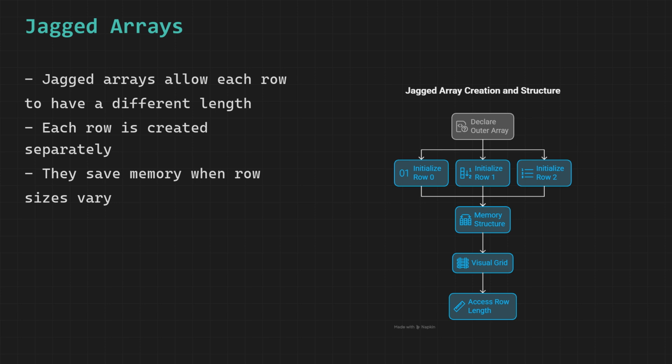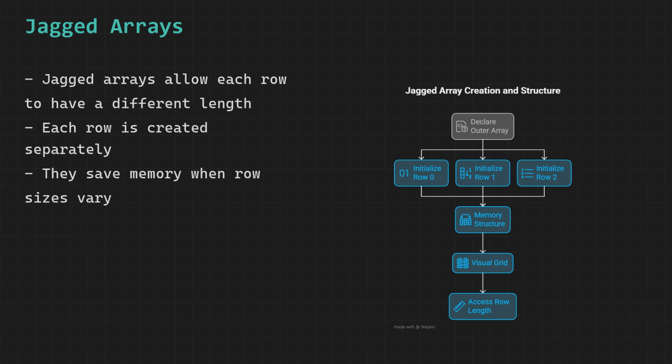Looking at the diagram, the jagged structure is immediately visible. Row 0 is shorter than row 1, which is shorter than row 2, creating a staircase pattern. Each row is a completely independent array in the heap with its own size. Jagged arrays are more memory efficient than regular two-dimensional arrays when rows genuinely have different sizes.